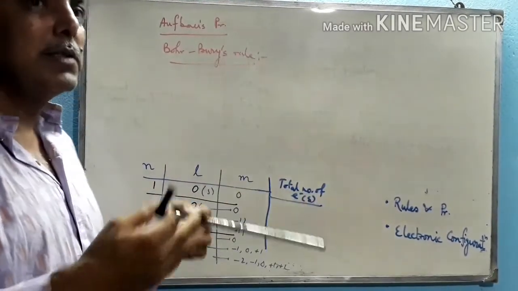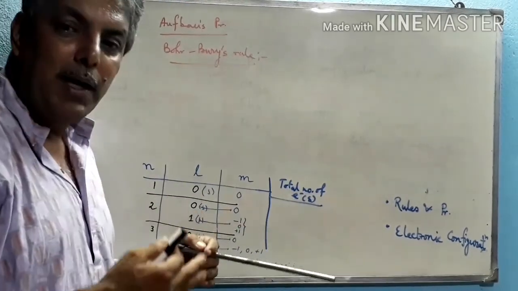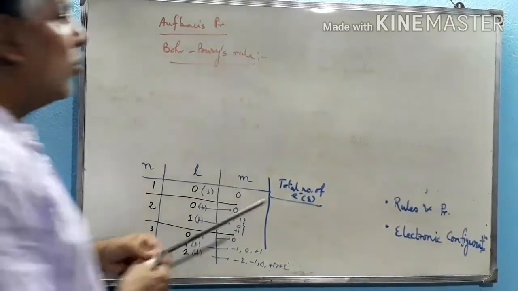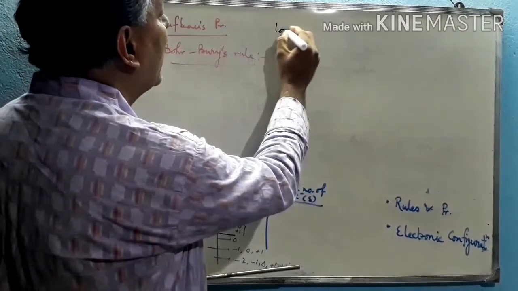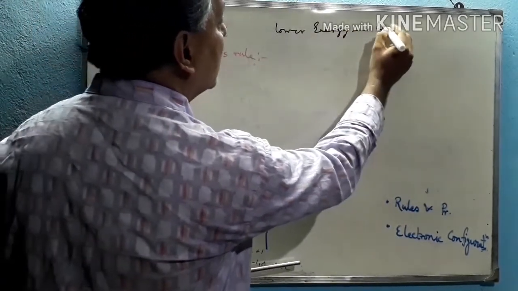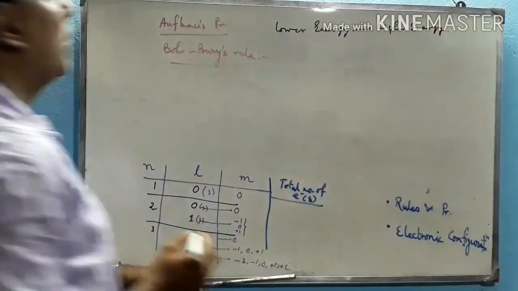But how do you decide which one is lower energy and which one is higher energy after the discovery of l, that means the subshell? So according to the Bohr-Bury rule, lower energy is filled first, then higher energy. This is actually the Aufbau principle.